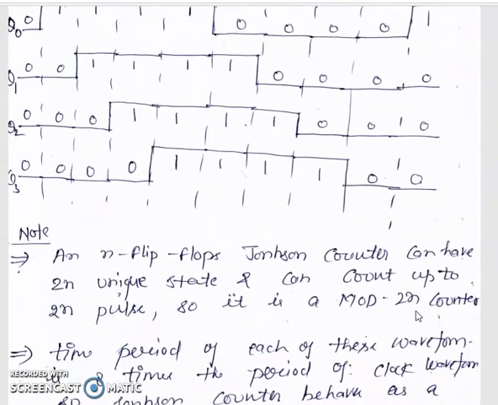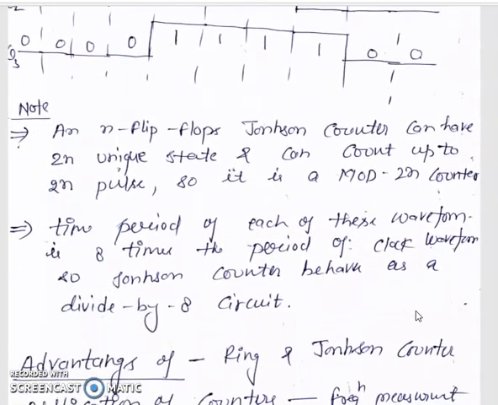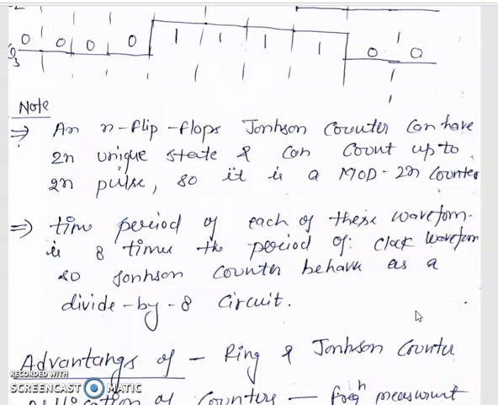Okay, the most important thing of this counter is the number of unique states, that is 2n. In case of a ring counter, the number of states is n instead of 2n. So there each state frequency is equivalent to the total frequency ft divided by n.